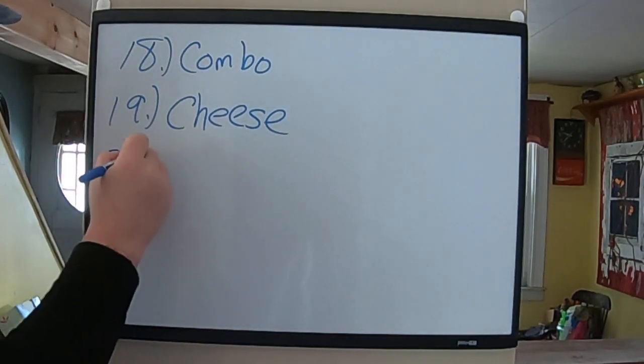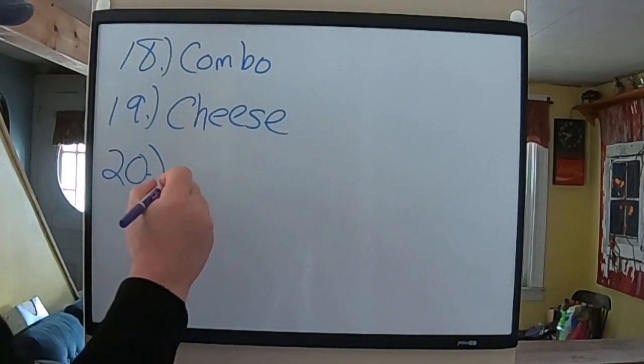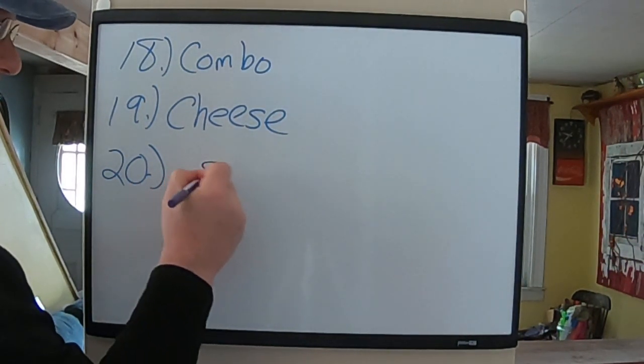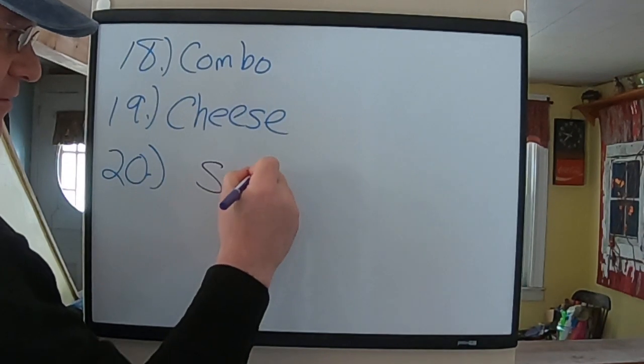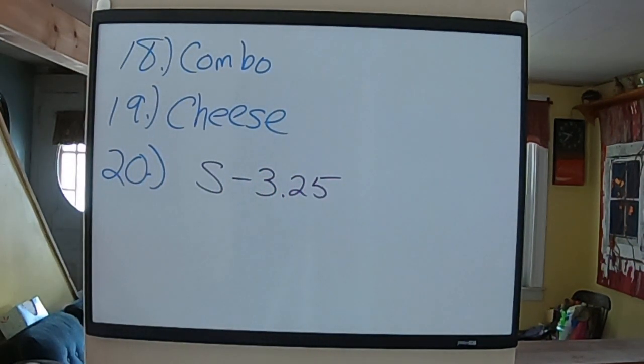In number 20, it goes on to say, if S is the sausage pizza's price, what is the price of the cheese pizza? Well, the sausage pizza is more expensive than the cheese, but that also means the cheese is less expensive than the sausage by that same amount. So sausage minus $3.25 would be the value of the cheese pizza.